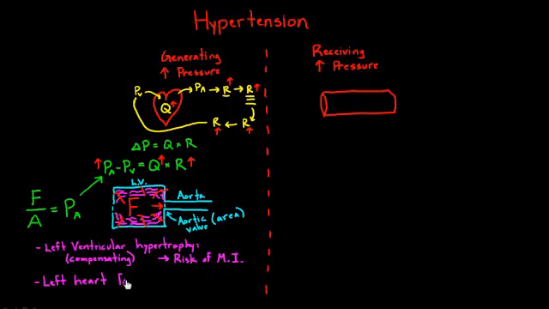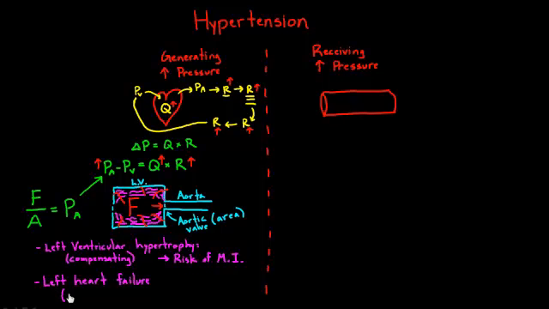The other possibility is that the left heart doesn't compensate, and you have what's called left heart failure. What that basically means is that the left heart says, you know what, I can't generate the pressures required to move all that blood around, and so I won't generate those pressures. I'll do the best I can, and maybe I can't move, let's say, 6 liters of blood around the body, but I can do 5 liters or 5.5 liters.